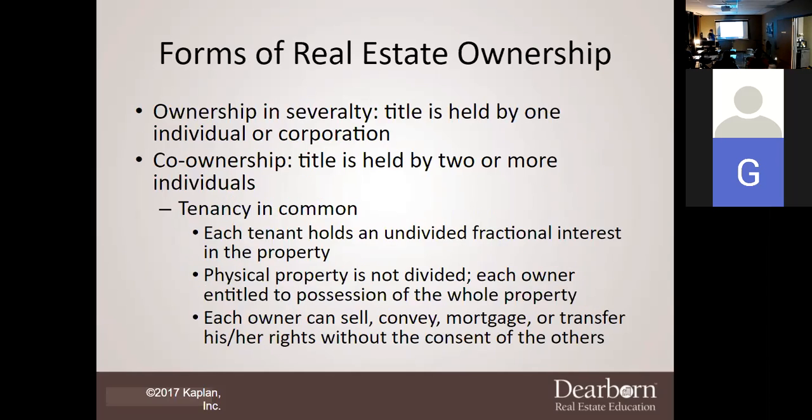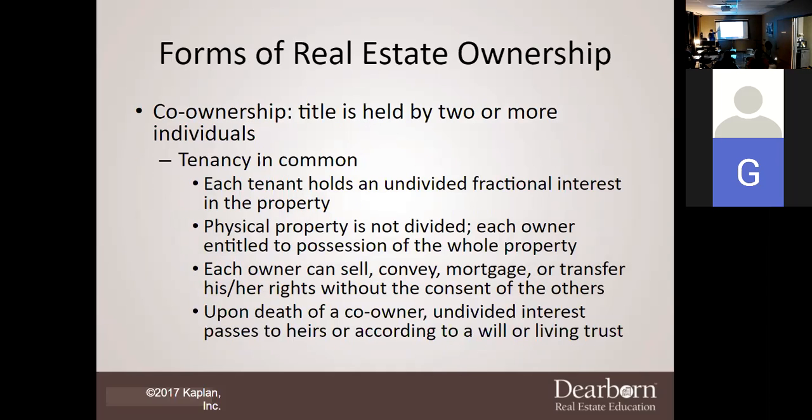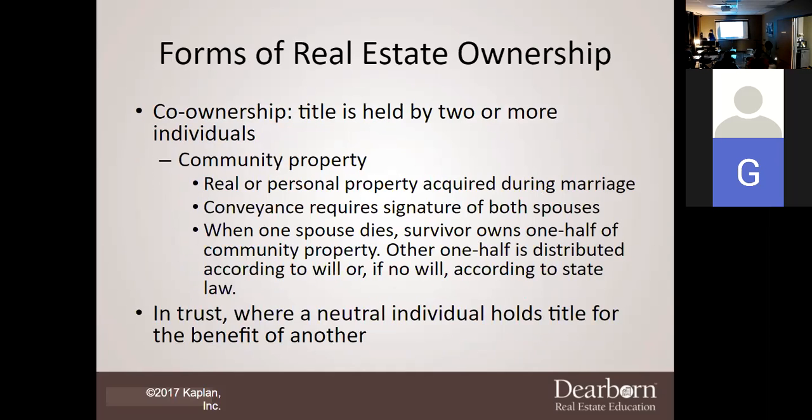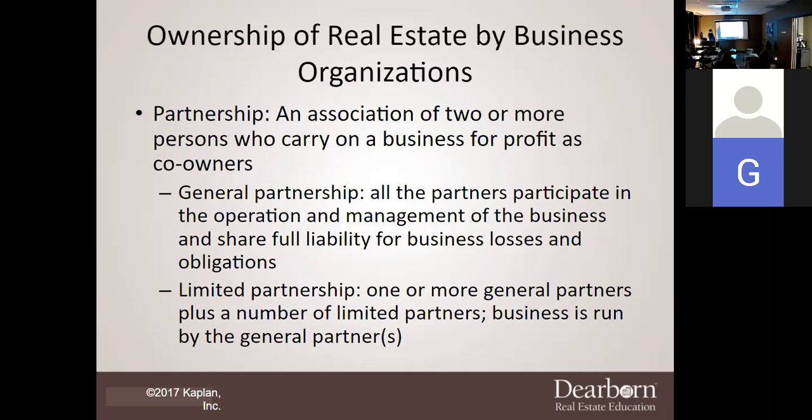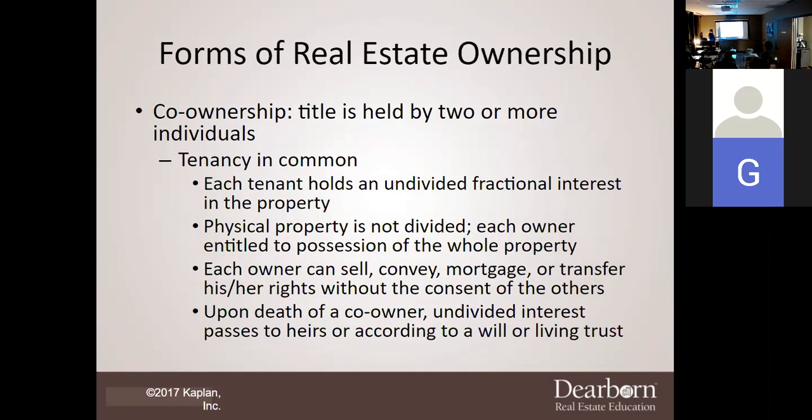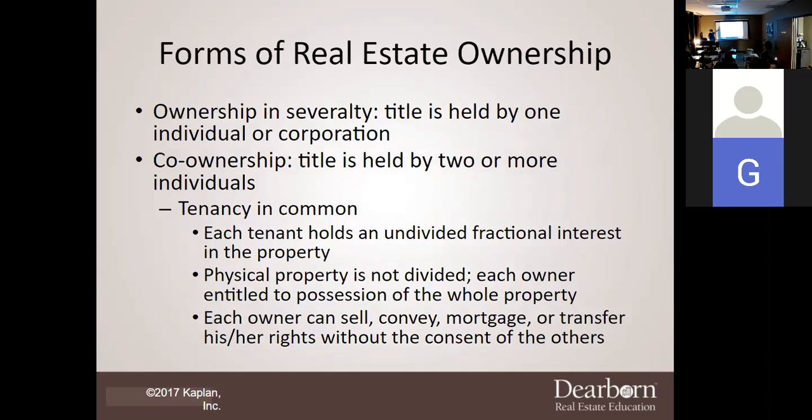So before we jump into that, you'll see right here, ownership in severalty, then co-ownership continues, and down at the bottom, in trust, that's another one, and then we start talking about business ownerships. So we just talked about ownership in severalty, as an individual or as a corporation, one person.